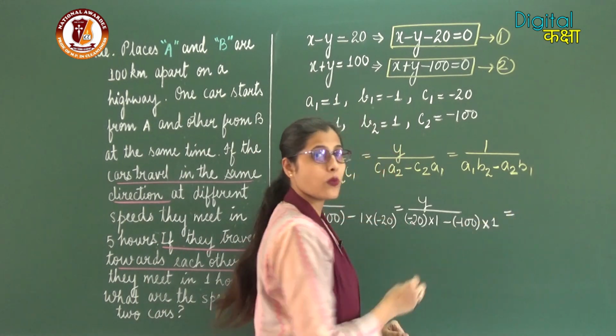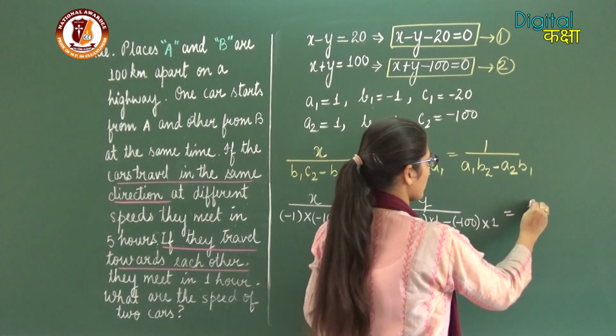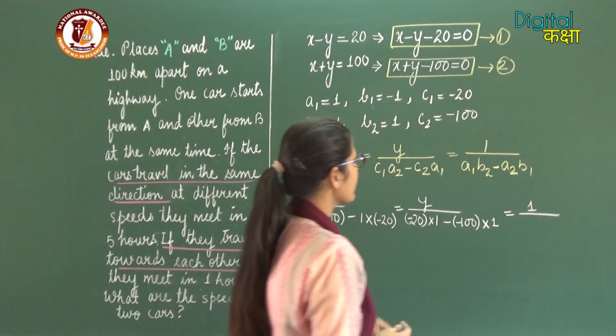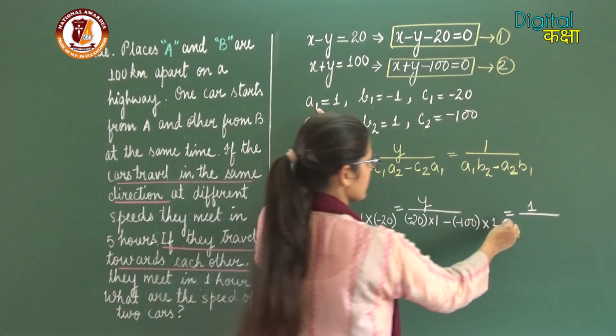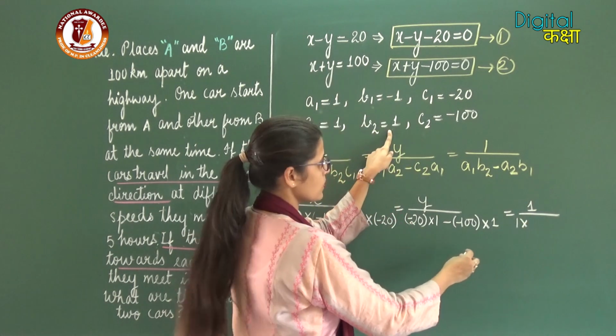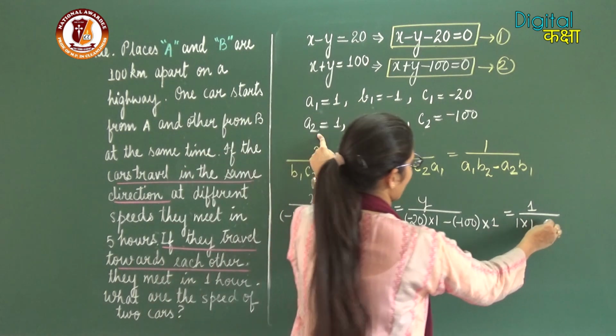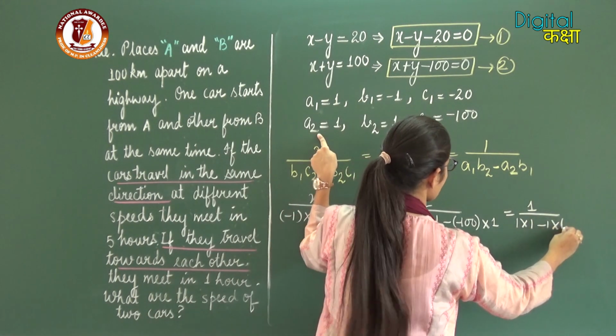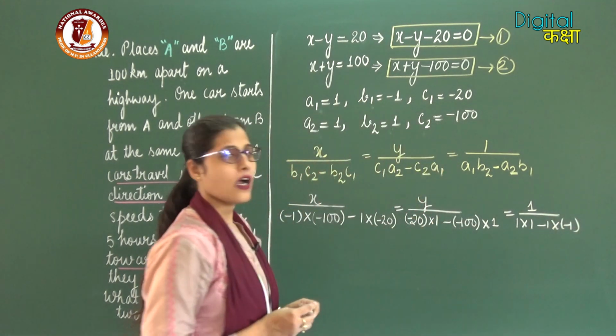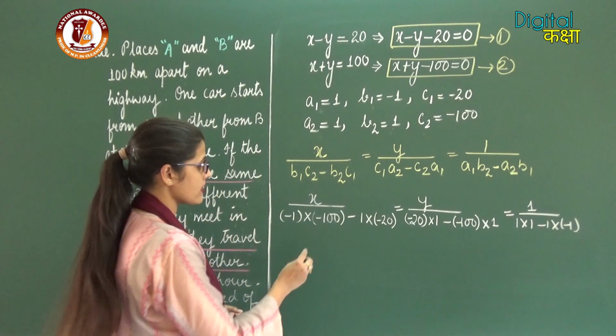It will also be equal to the ratio of 1 upon A1, which is 1, into B2, which is 1, minus A2, 1 into -1. After this, we will be simplifying it.